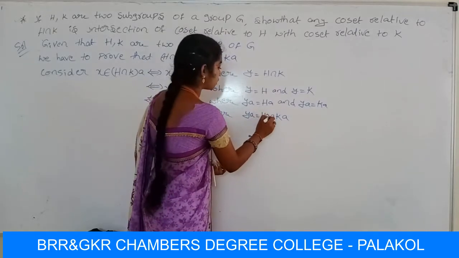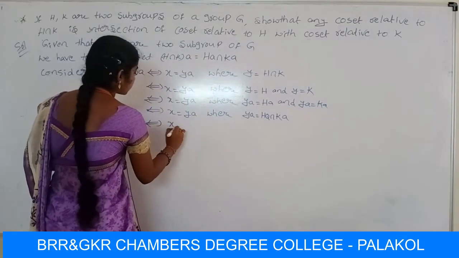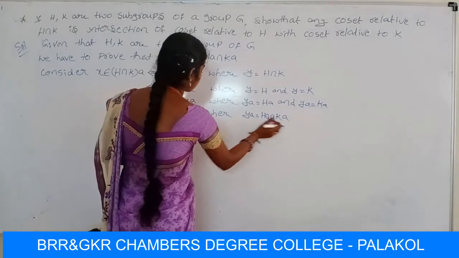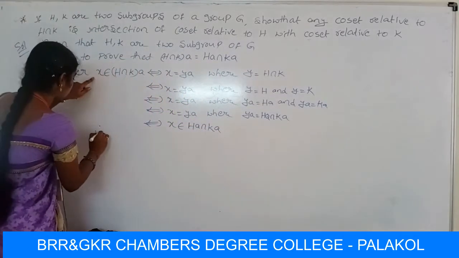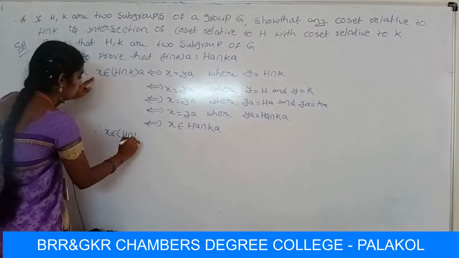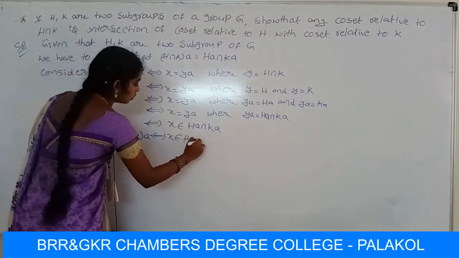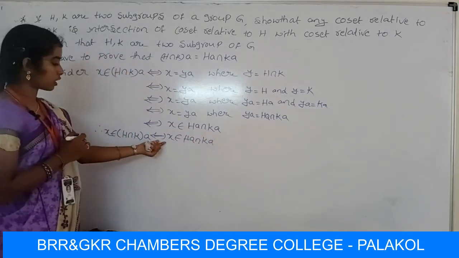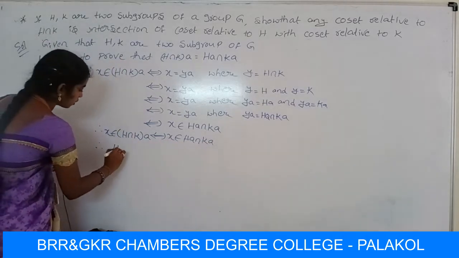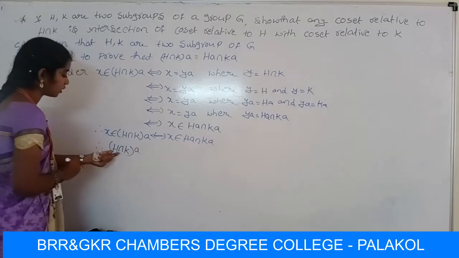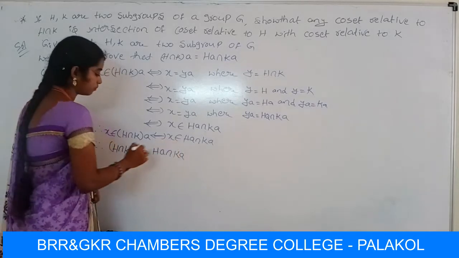Therefore x belongs to (H intersection K)A if and only if x belongs to HA intersection KA. So that means the right coset of H intersection K equals the intersection of the right coset of H and the right coset of K.